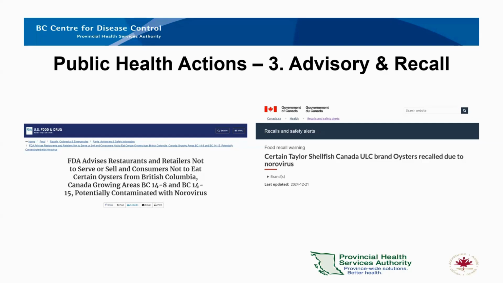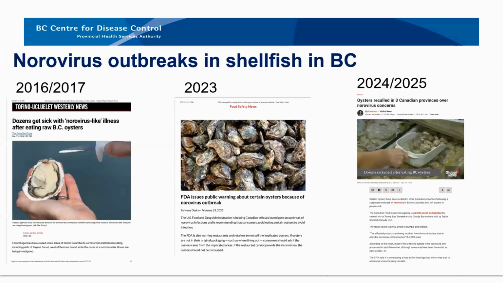So those are the big three actions that come together in terms of advising the public, closures at the harvesting sites, and then recalls and advisory to restaurants. Those are the big public health actions. We've seen these types of scenarios before, and Natalie will go over a little bit more about what we can do about these scenarios.